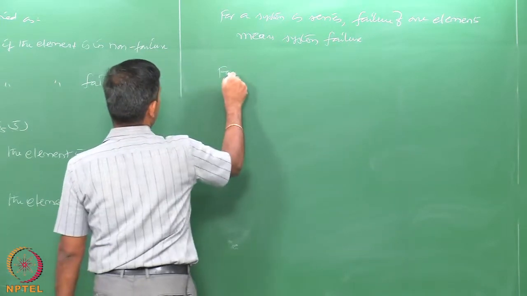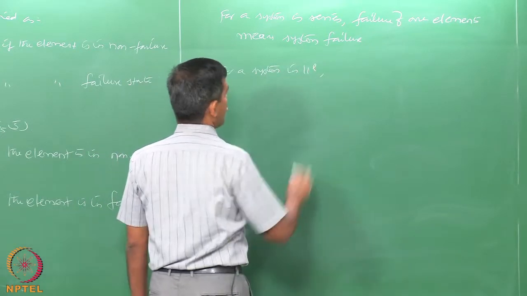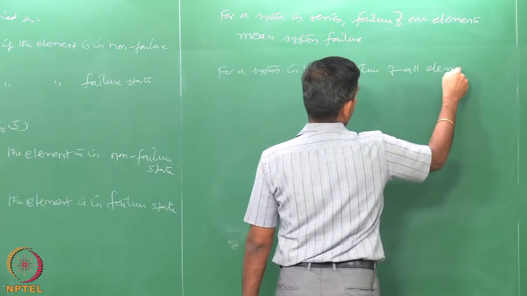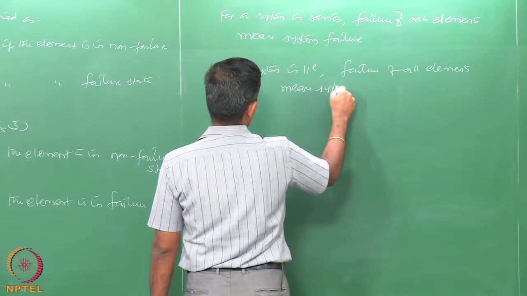For the system in parallel, failure of all elements means system failure.